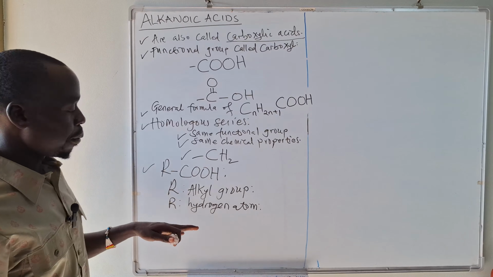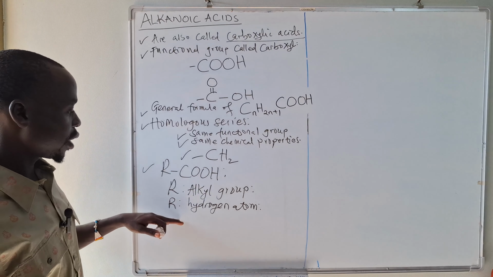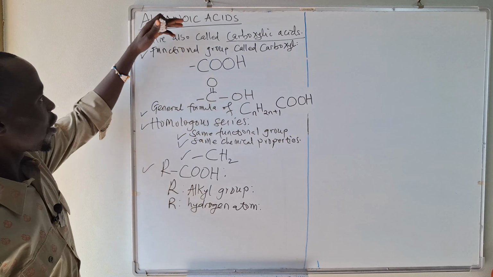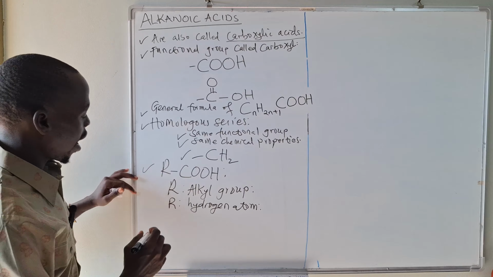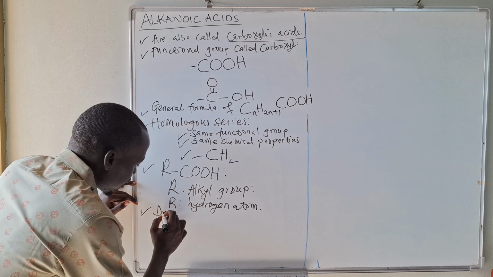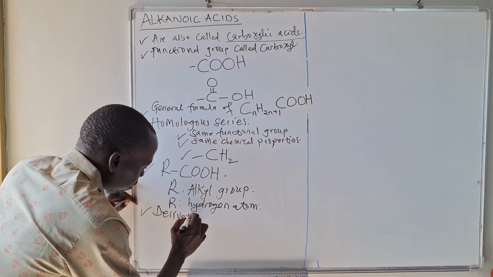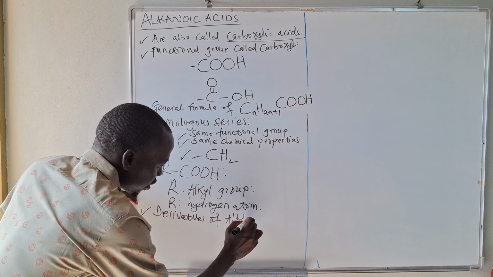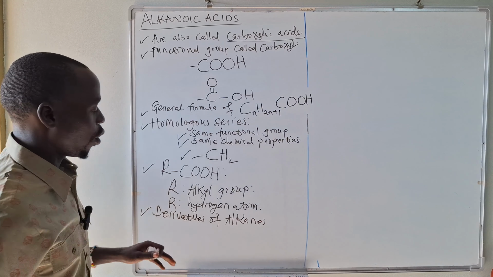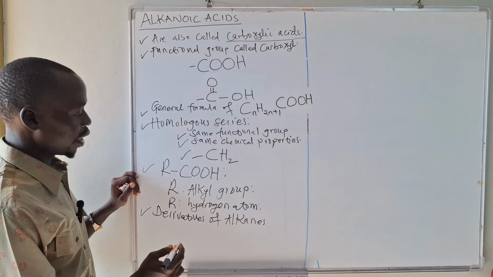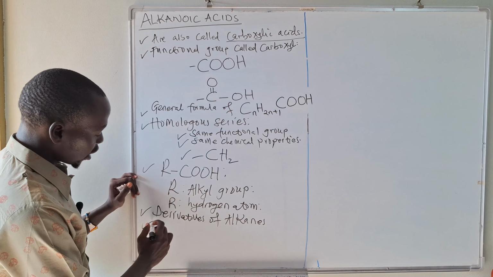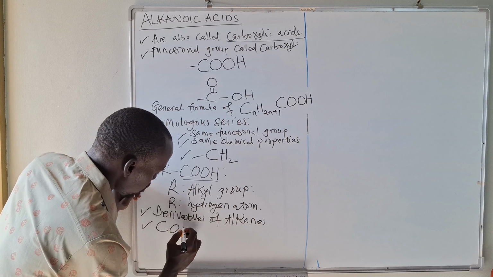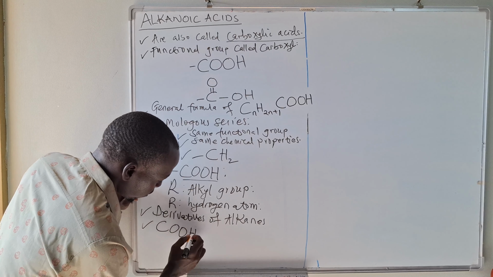We shall see examples and which is the smallest member. Therefore, these alkanoic acids are derivatives of alkanes, which means one of the hydrogen atoms in alkanes is replaced by this functional group.